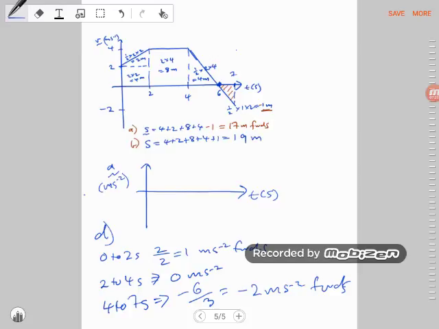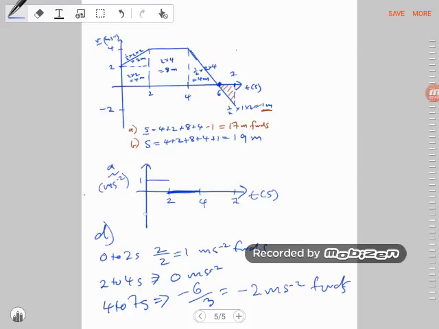For the first section from 0 to 2 seconds, we have an acceleration of 1 meter per second squared, so a horizontal line there at 1. Then we're at 0 from 2 to 4 seconds, like that. And then from 4 up to 7 seconds, we're at -2.